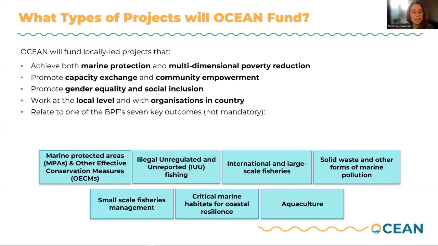So some of the key outcomes for Blue Planet Fund are looking at marine protected areas and other effective conservation measures, illegal, unregulated and unreported fishing, international and large-scale fisheries, solid waste and other forms of marine pollution, small-scale fisheries management, critical marine habitats for coastal resilience, and aquaculture.